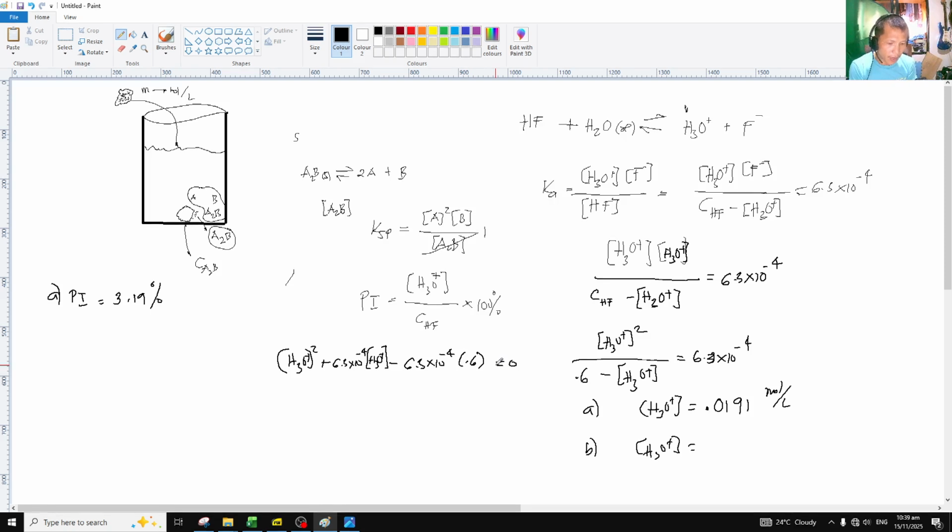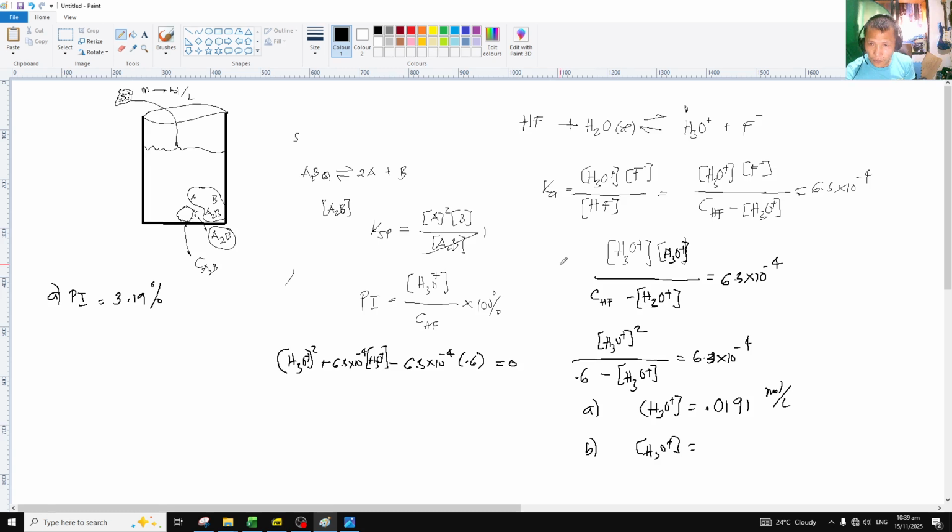This is the C part, and here we multiply the B part, which is negative, but moving it across, that would be positive. So A is 1, B is 6.3 exponent negative 4, and C is negative 6.3 exponent negative 4 times 0.6. So we get 0.019.